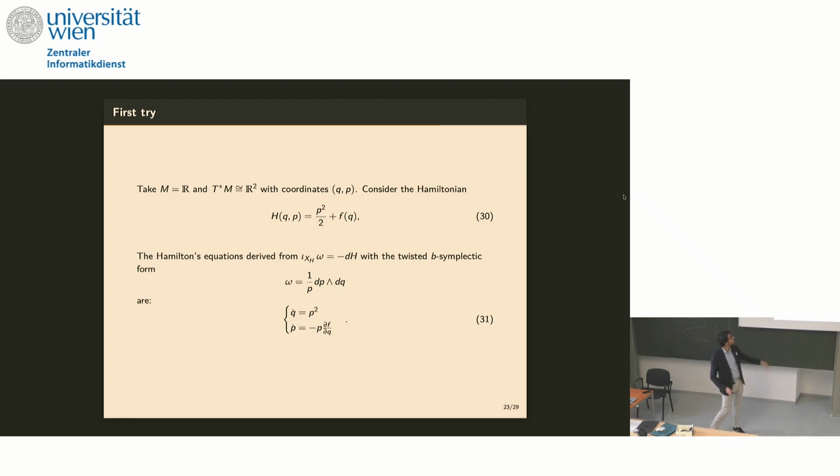If you do so, you will get a new set of equations, which are no longer the usual Hamilton's equations, but you will get corrections coming from this singularity, and you see that you get this set of equations.